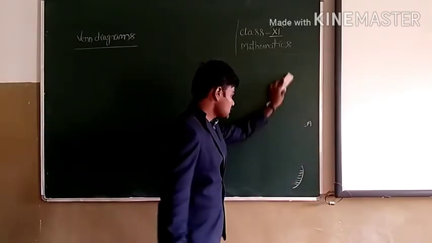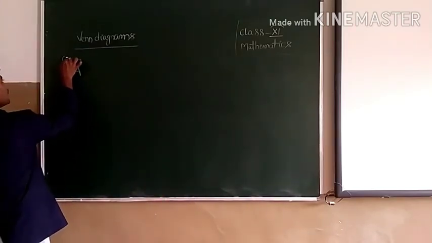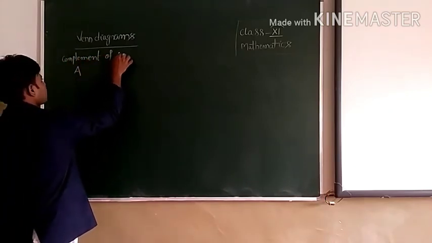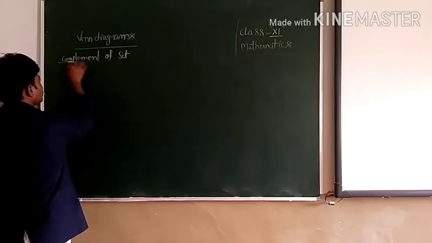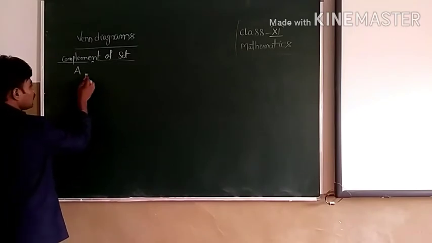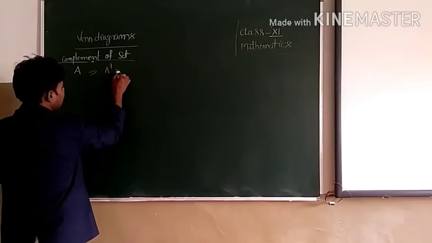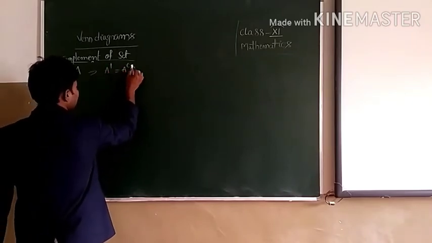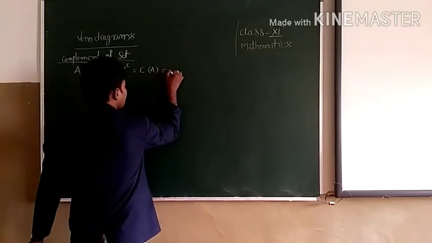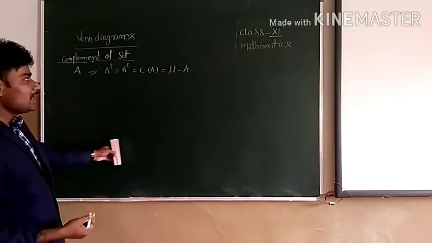Suppose I consider one set A. The complement of A is written A dash, or A complement, or we can write complement of A. That is equal to mu minus A. Just subtract the set A from the universal set, right?